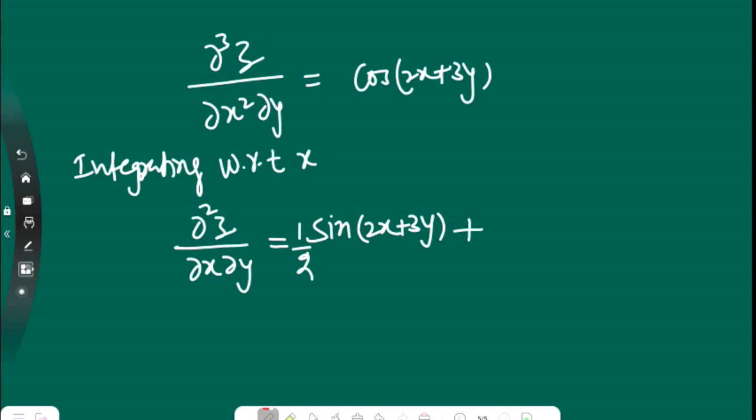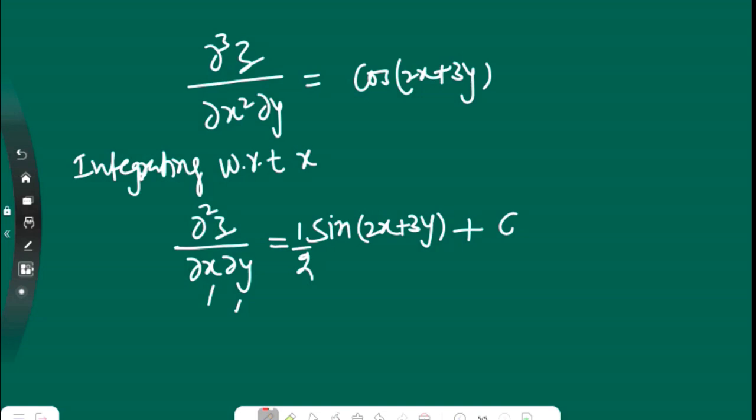So what will be the integrating constant? It could be anything, like it could be c, but for a partial differential equation we have two variables x and y. While we integrate with one variable, the other one remains constant. Meaning when we are integrating with respect to x, y will be considered constant.